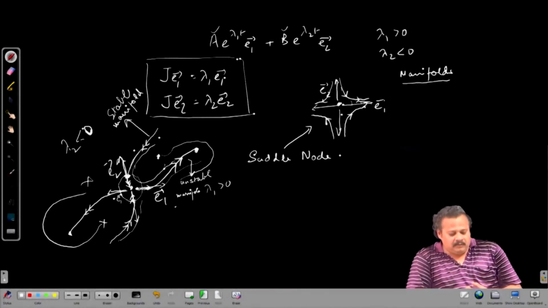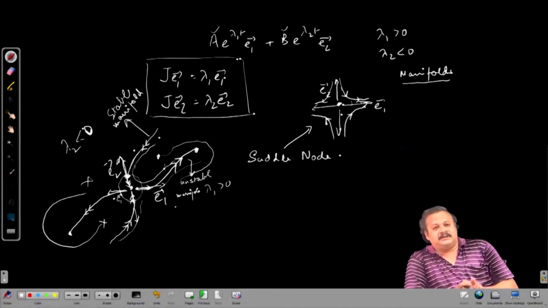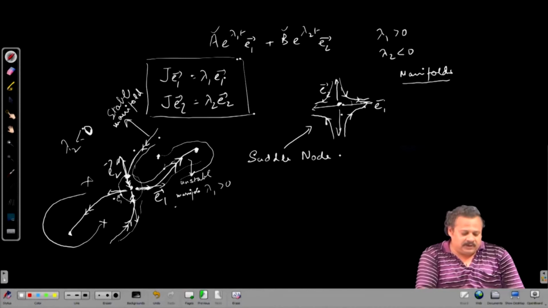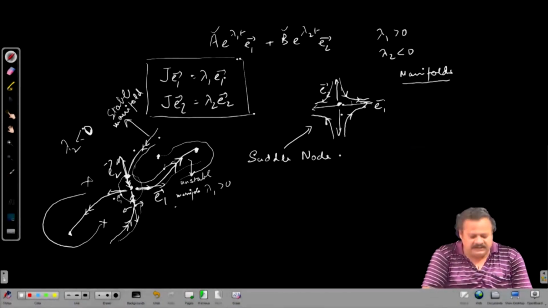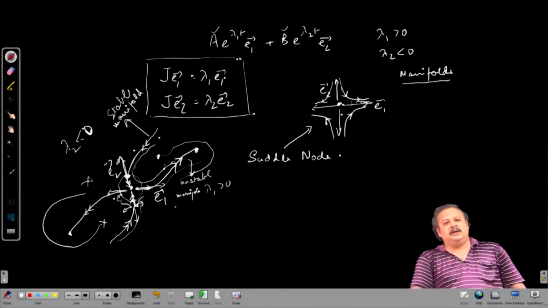So, you must appreciate a few things here: the idea of the saddle node and the associated stable and unstable manifolds, and how they behave as separators of the phase plane, called the separatrix. You must also remember that if we are infinitesimally to the right in this case, or to the left in this case, we will have very different behavior in the system.